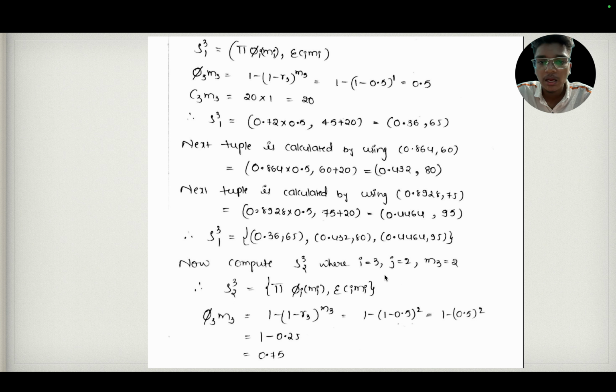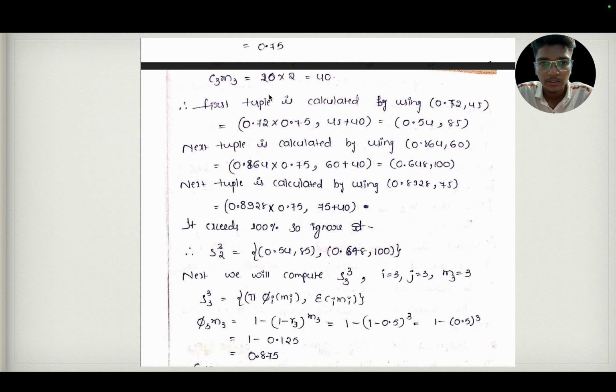Here i equals 3, j equals 2, m3 equals 2, and with the final product we get 40. The first tuple is calculated as this, the second tuple is calculated as this, and the third as this; we can see there is no elimination there. So in this it's exceeding, 75 plus 40, so we'll eliminate it.